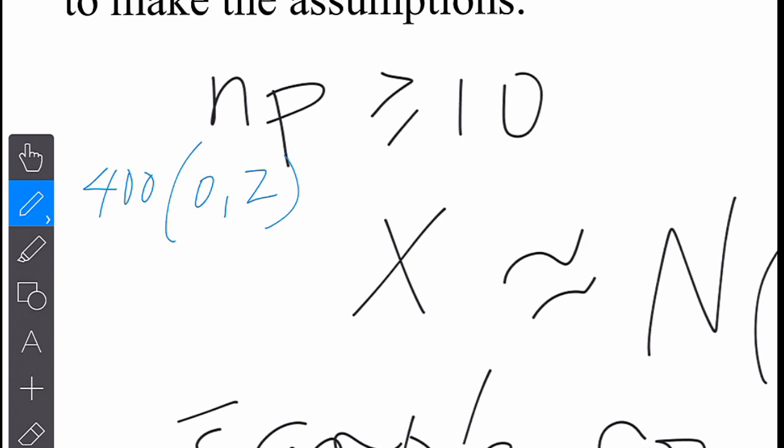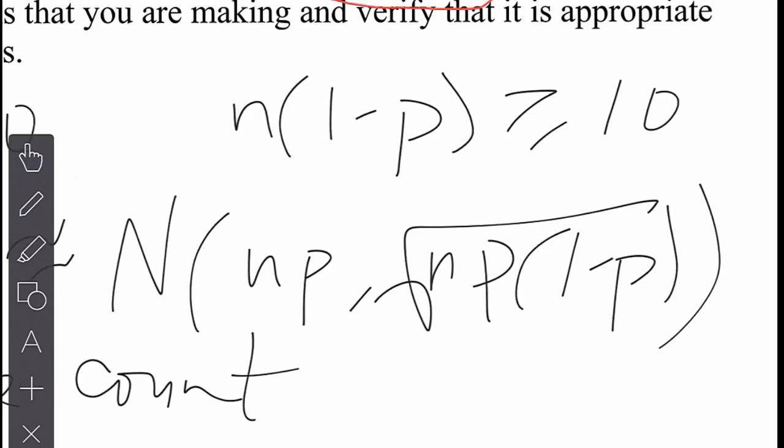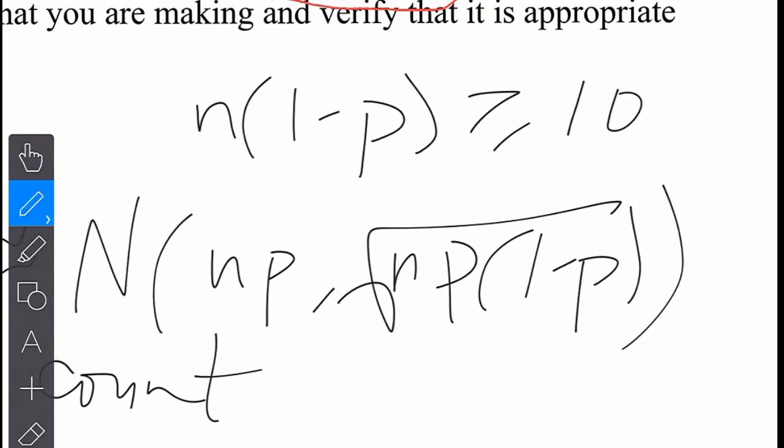So that is going to be greater than or equal to 10. Let's check the other side. On this end, n times 1 minus p is even larger, right? So 400 times 0.8 is greater than or equal to 10 as well. You can punch that in and verify that for yourself. It's even larger than 400 times 0.2.